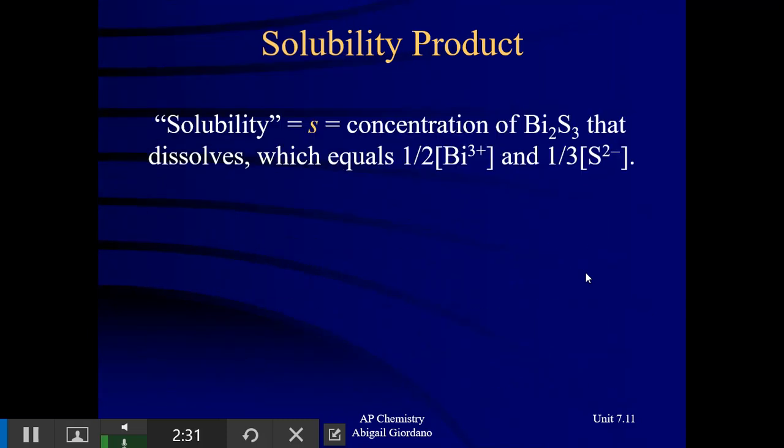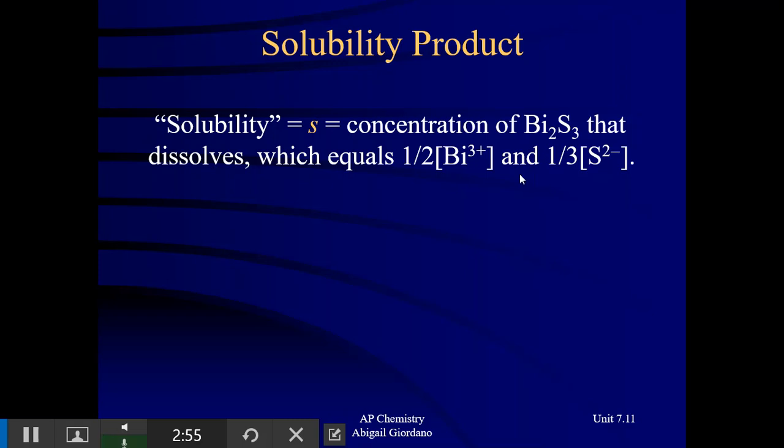So what things might you be asked to solve for? Well, one of the things that comes up frequently in a KSP problem is solving for solubility. Now what do I mean by that? Well, solubility is going to be defined as the concentration of whatever solid we're talking about.